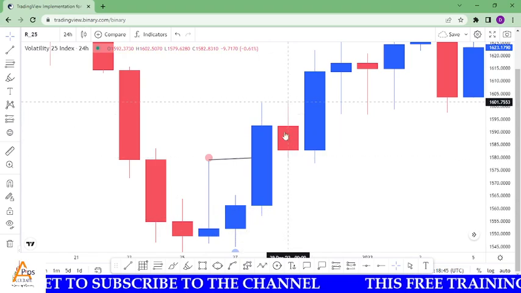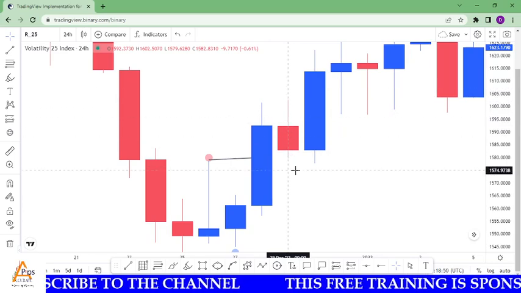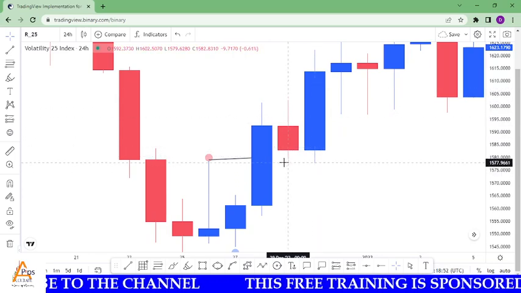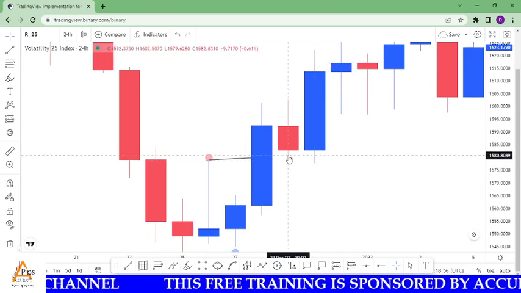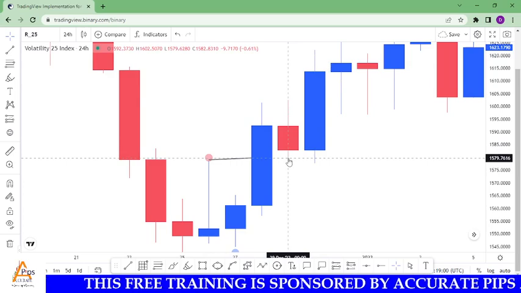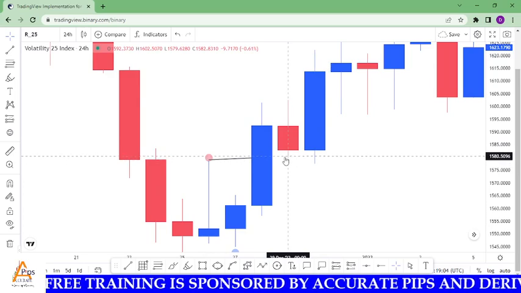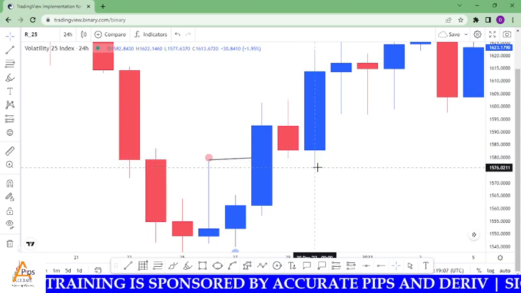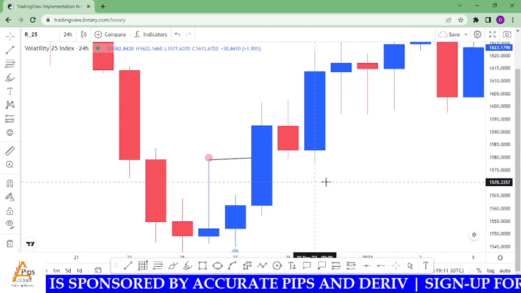So we can't confirm this as a valid pullback yet. But if you consider this area, this blue candle has taken the low of this red candle, and based on the concept that we have learned, it means that this movement to here before the upward movement is now a valid pullback.